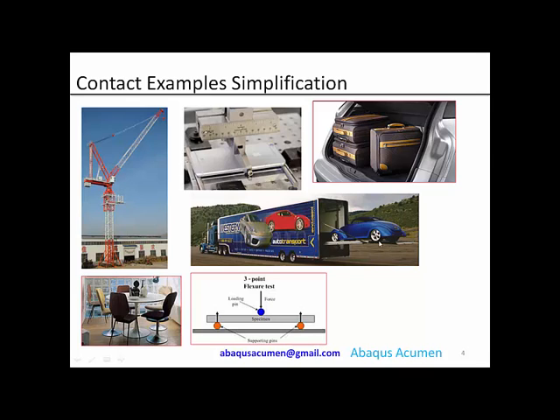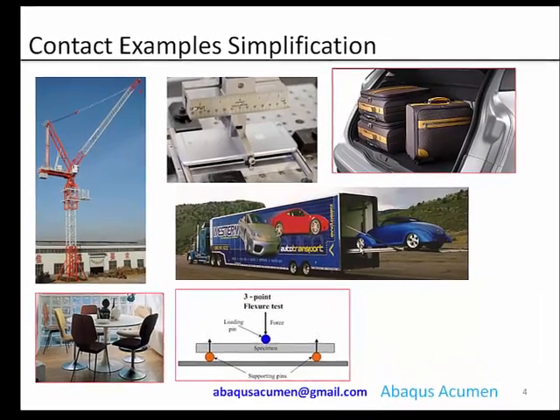Wherever this wheel is in contact with a load floor, you can apply a proper distributed force on that particular area, and without changing the physics of the problem you can get the right answer. So for 70 to 80% of day-to-day mechanical problems where contacts are involved, you can use a proper boundary condition and simplify those problems.